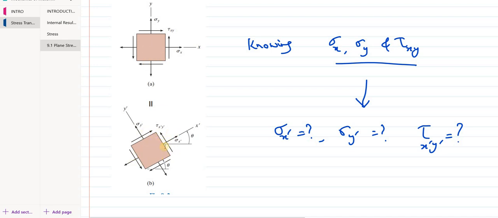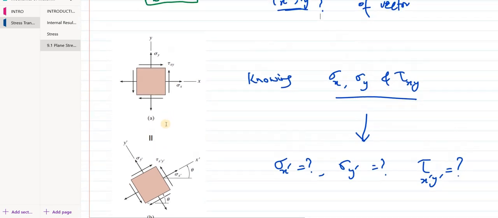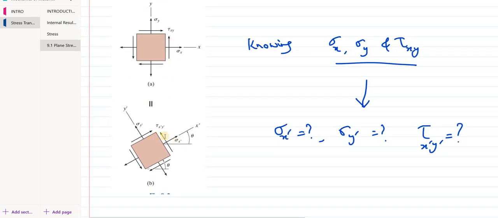This is the same state of stress, shown in a different coordinate system, x prime and y prime. So of course the element in this x prime, y prime coordinate system will be slightly differently oriented than the original, because sigma x prime would be acting on the x prime face, sigma y prime would be acting on the y prime face, and tau x prime y prime would be acting on the x prime face in the y prime direction.